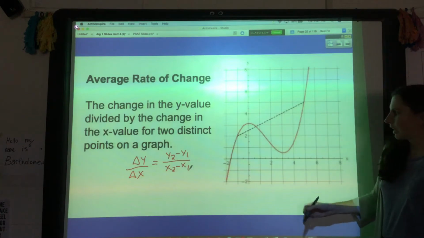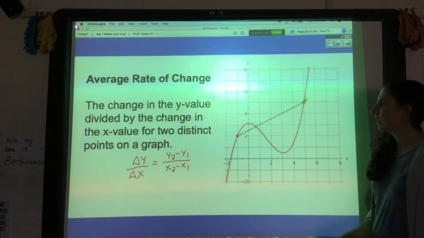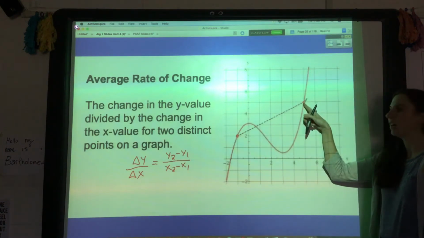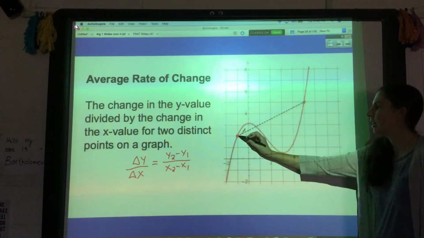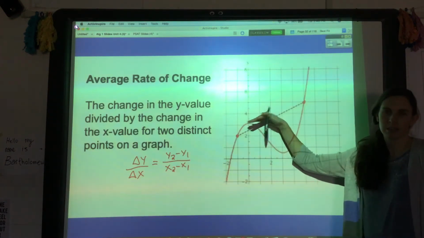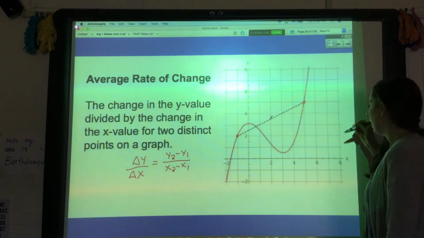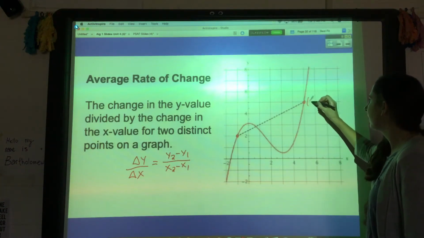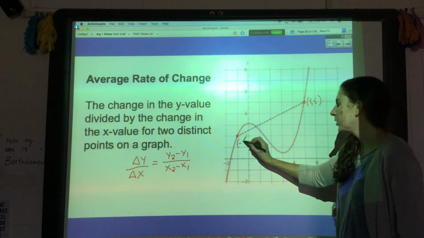So for example, if I want to know the average rate of change from like here to here, the graph goes up a little and then down a lot and then up even more, but on average, all you have to do is find the slope between these 2 points and it'll give you the average rate at which it changed over that interval. So this would be the point 5, 5, and this is the point -1, 2.